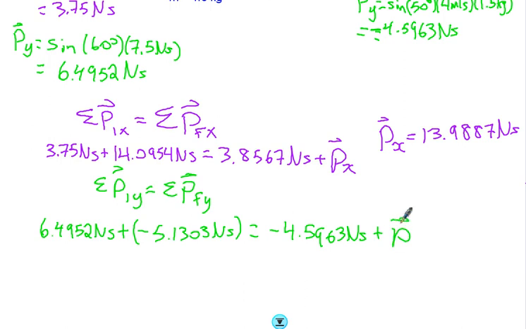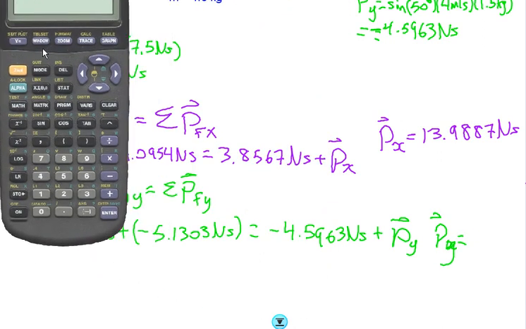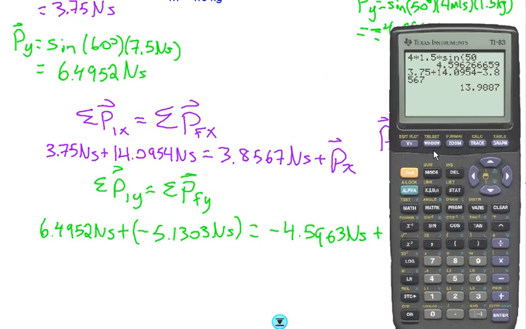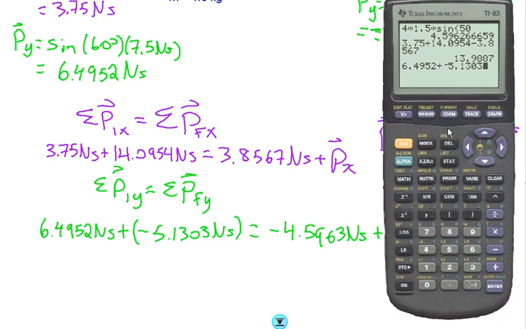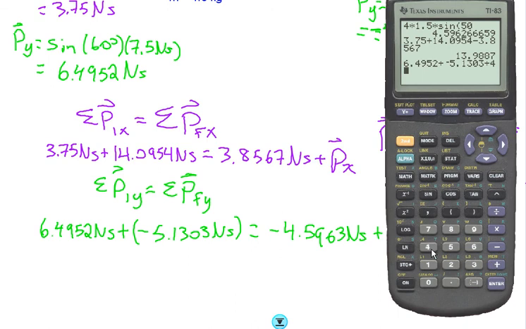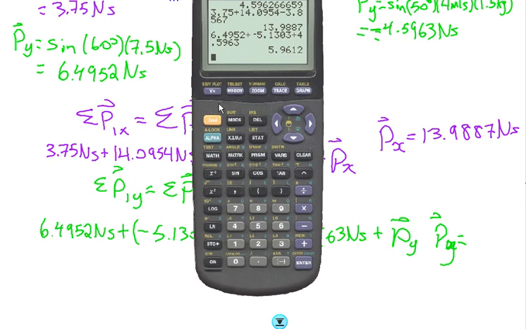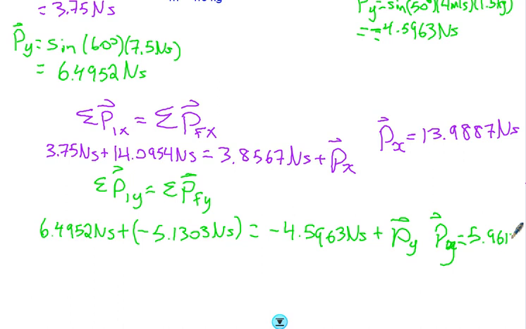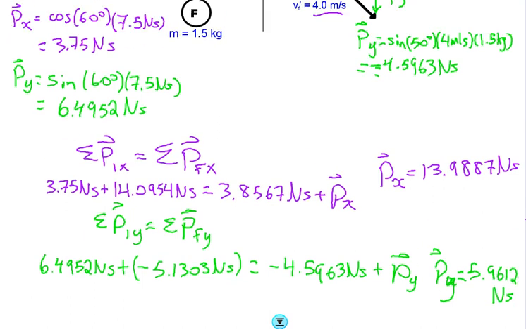And so that's what I'm going to solve for now. So it will be, let's see here. All right, so it looks like it's positive, which is what we want. 5.9612 Newton seconds. All right, whoa, that's a lot of work.